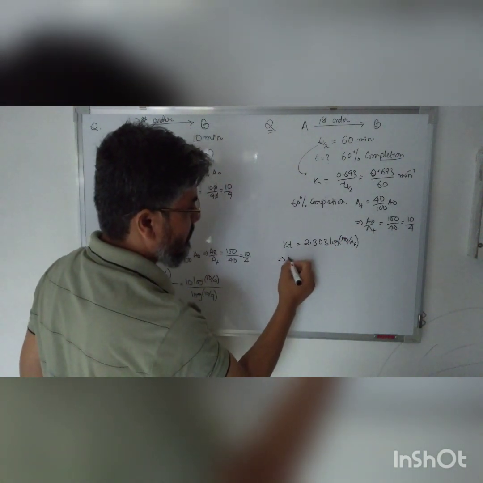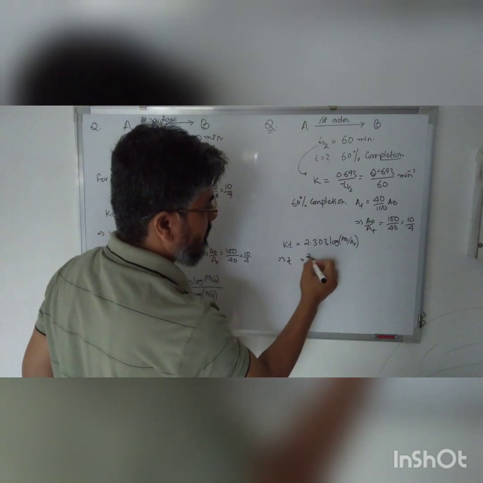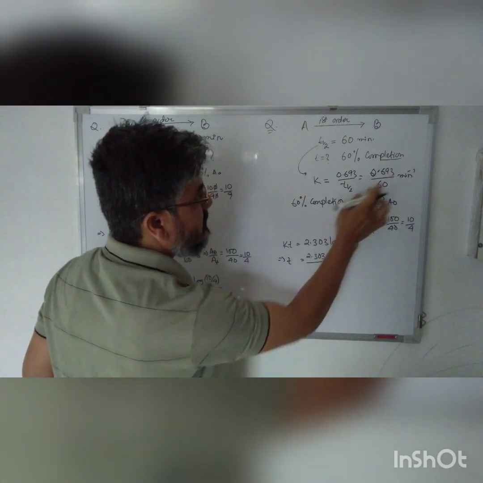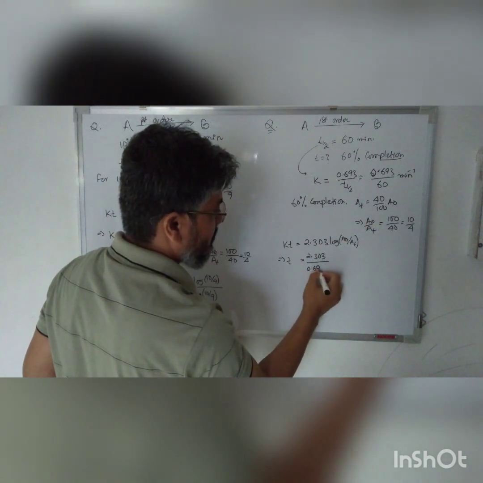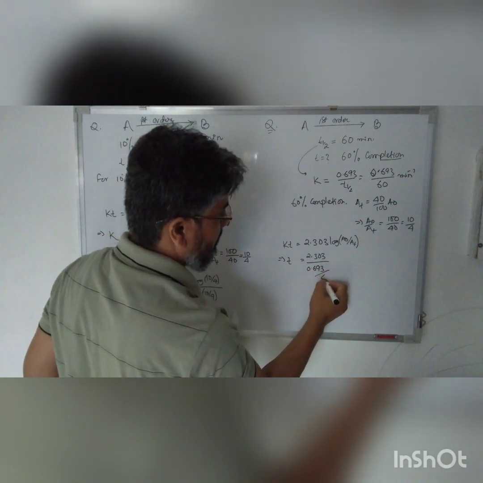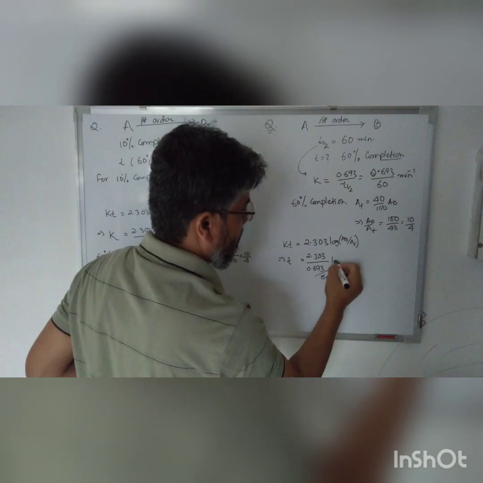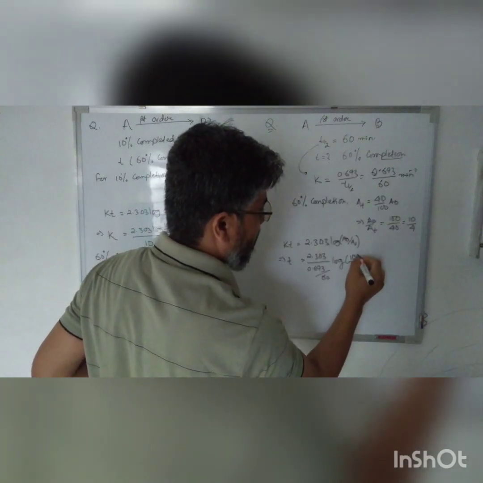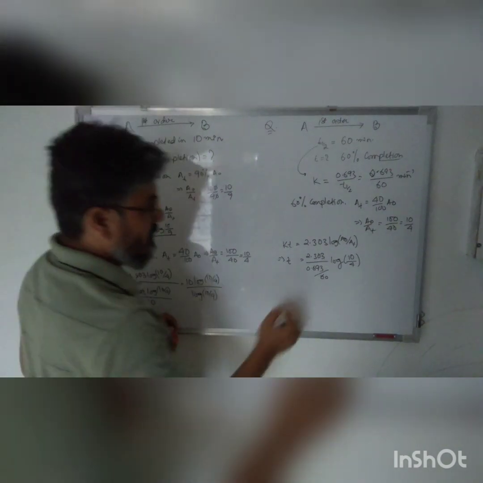So therefore the time required is 2.303 by K. K is equal to 0.693 divided by 60. Log A naught by A is 10 by 4.